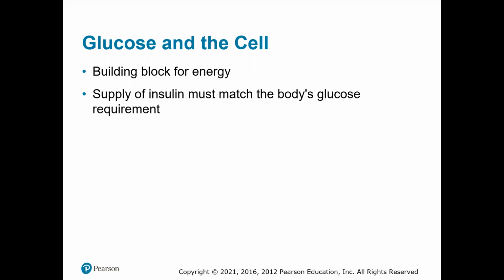Without glucose, there cannot be ATP. The problem with glucose and the cell wall is glucose is a very large structure, and it has a difficult time getting into the cell. That's why we need insulin. The supply of insulin must match the body's glucose. Otherwise, there's going to be either too much sugar or too much insulin.